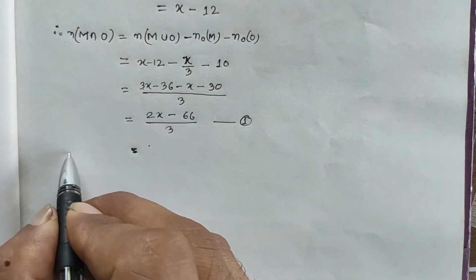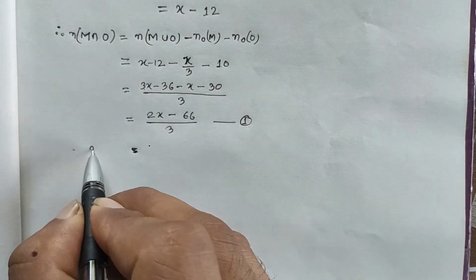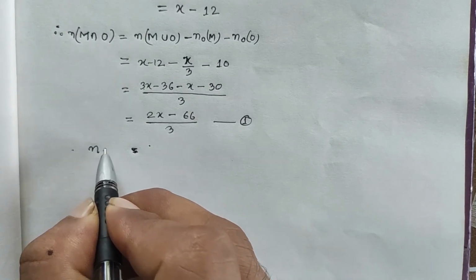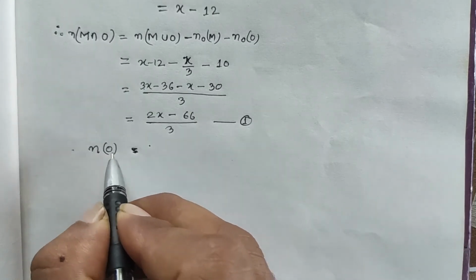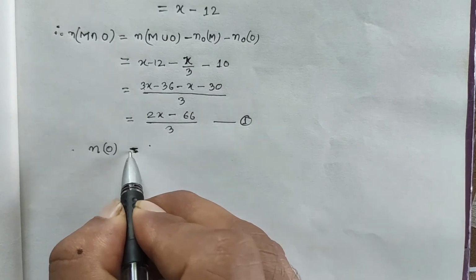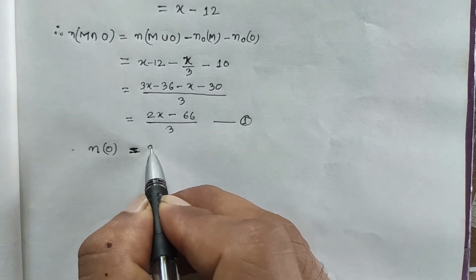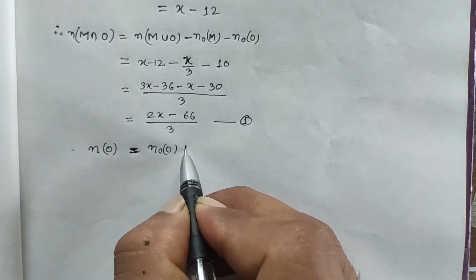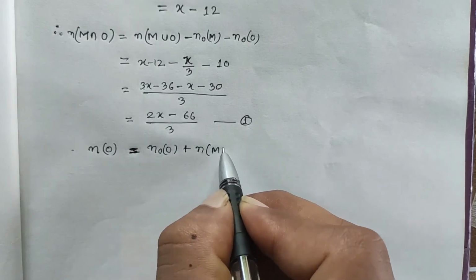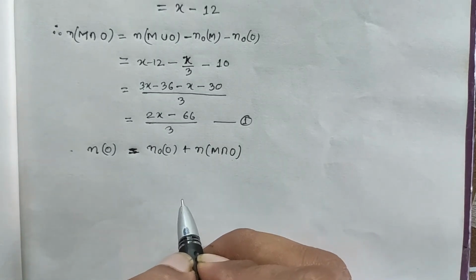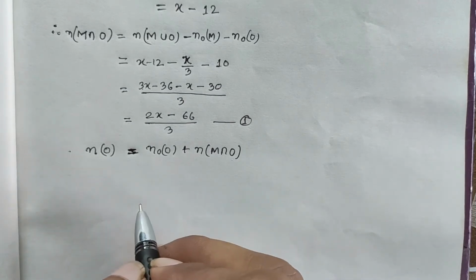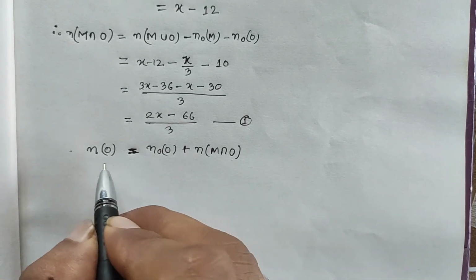Now we have another formula for n(O). For n(O) we have the formula n only O plus n(M intersection O). From this we can get the intersection.